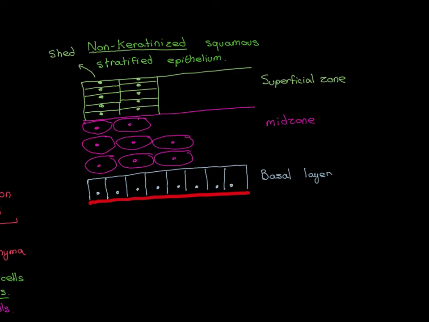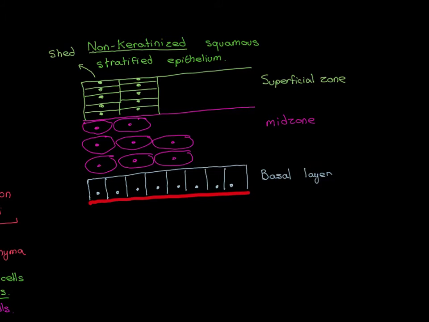Keratin is a cytoskeletal component, so remember, inside cells you have a huge number of fibres that are holding the cell in its shape. That's known as the cytoskeleton. Keratin is a protein that is a component of the cytoskeleton.